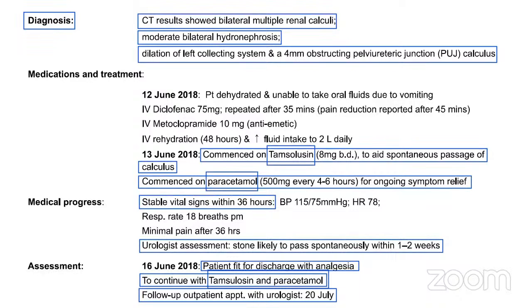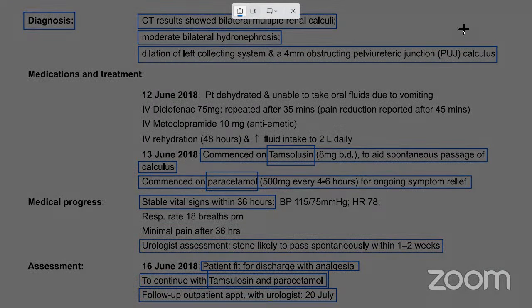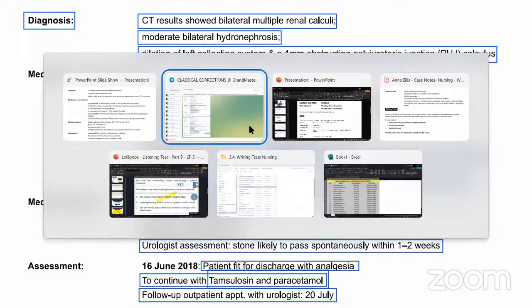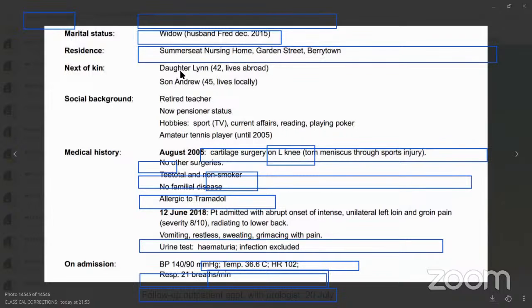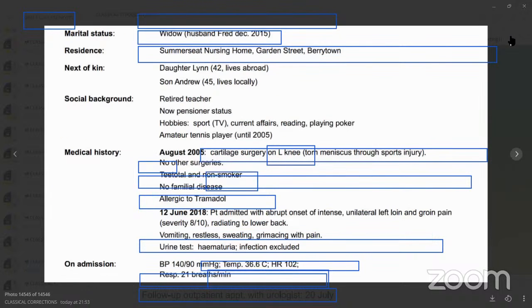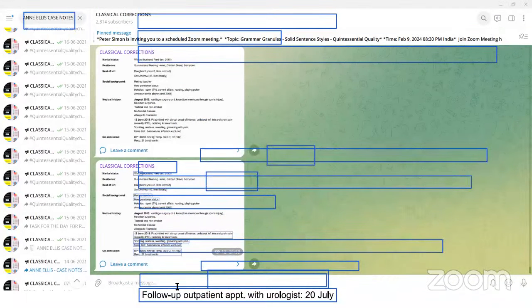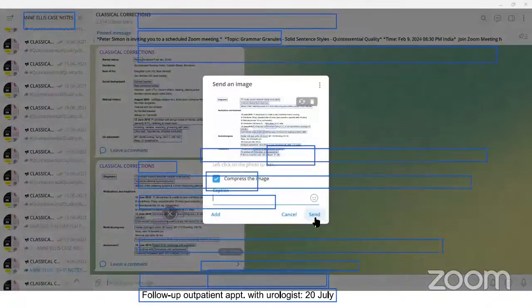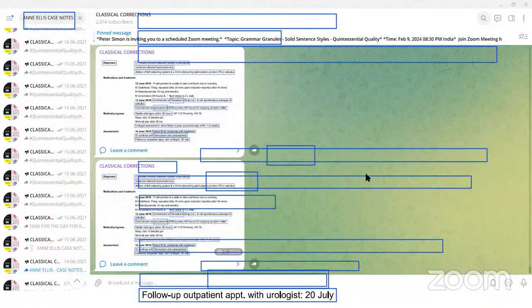So collect the information which is very, very useful. 16th June is today's date. You can see here.